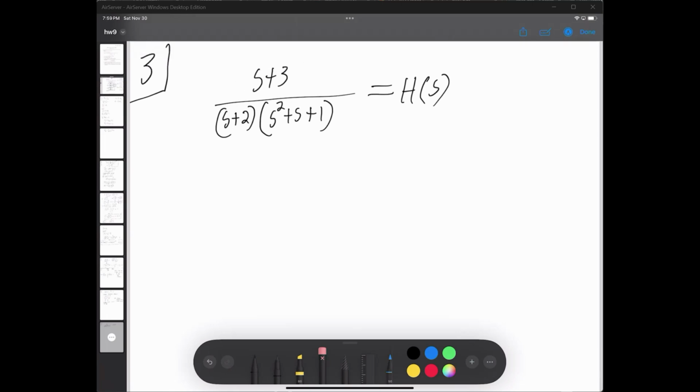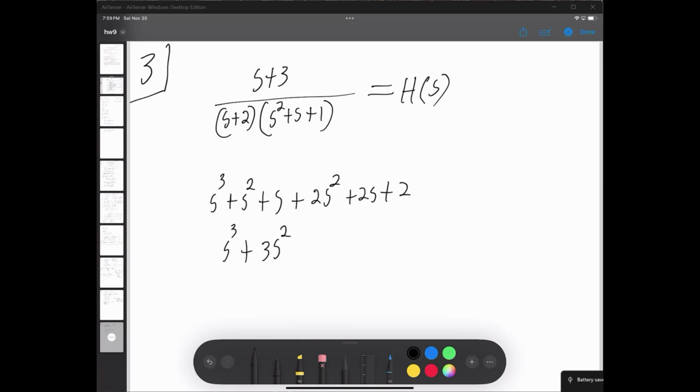So it's going to be s cubed plus s squared plus s plus 2s squared plus 2s plus 2. s cubed plus 3s squared plus 3s plus 2.